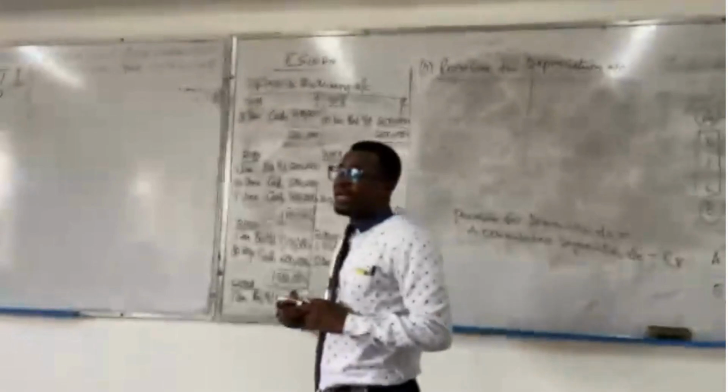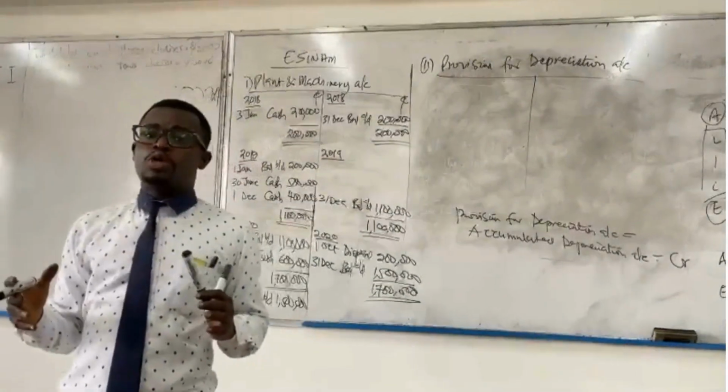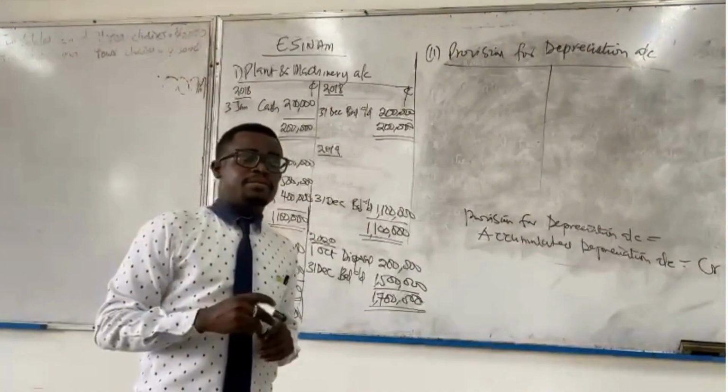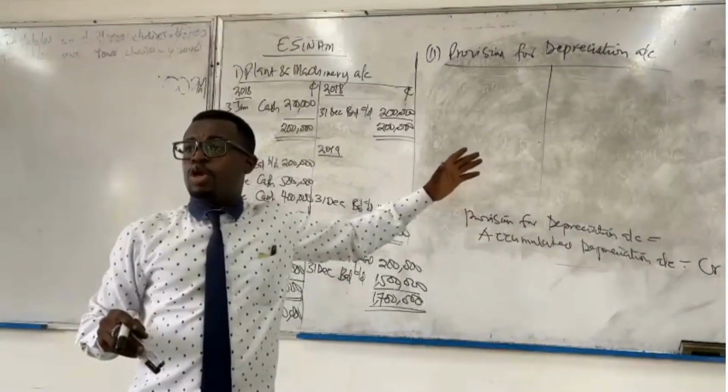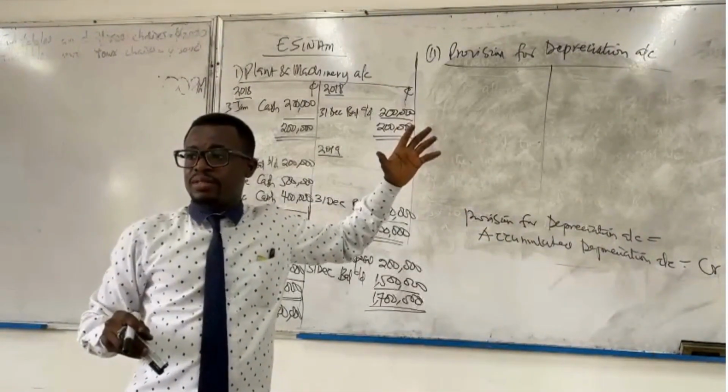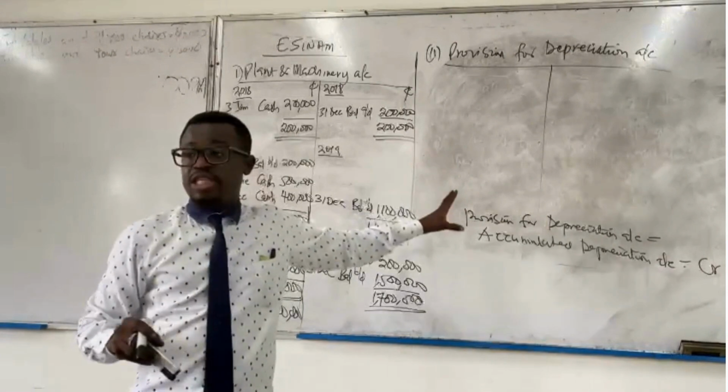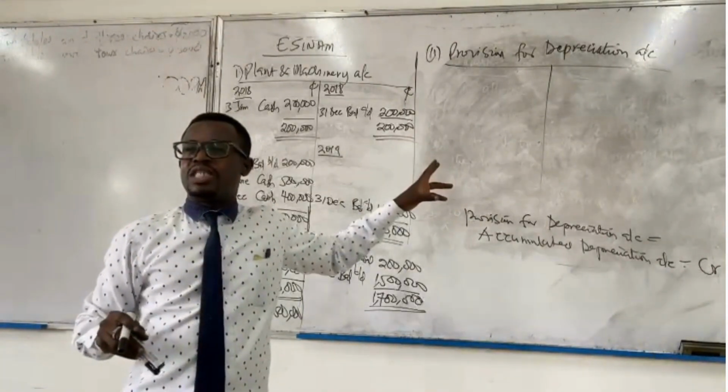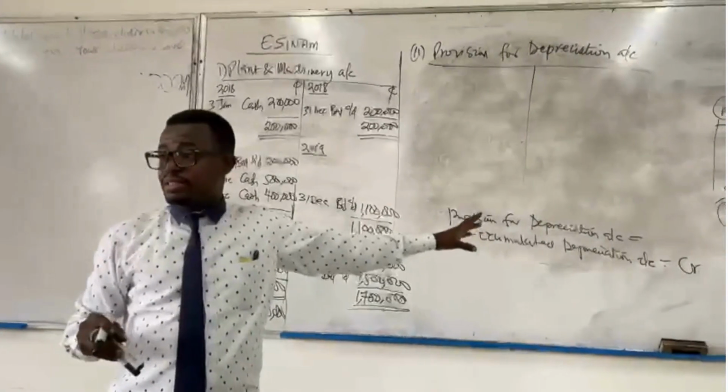Now they have a credit balance not because it's a liability, but because it has a contra entry. That's why the provision for depreciation, the same as accumulated depreciation, has a credit balance.